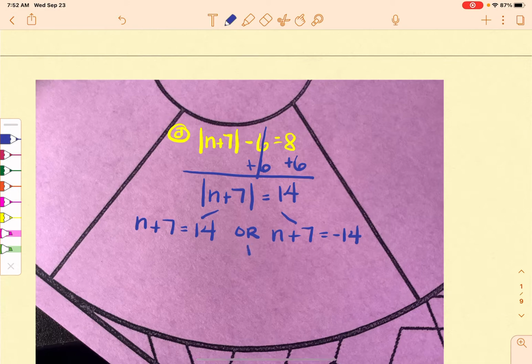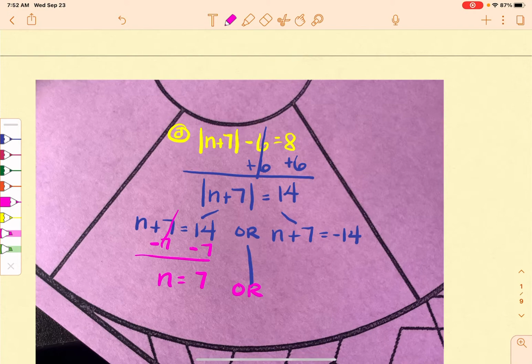Now I just have a little bit of solving. To get rid of adding 7, I'm going to subtract 7 from both sides. So I get n equals 7.